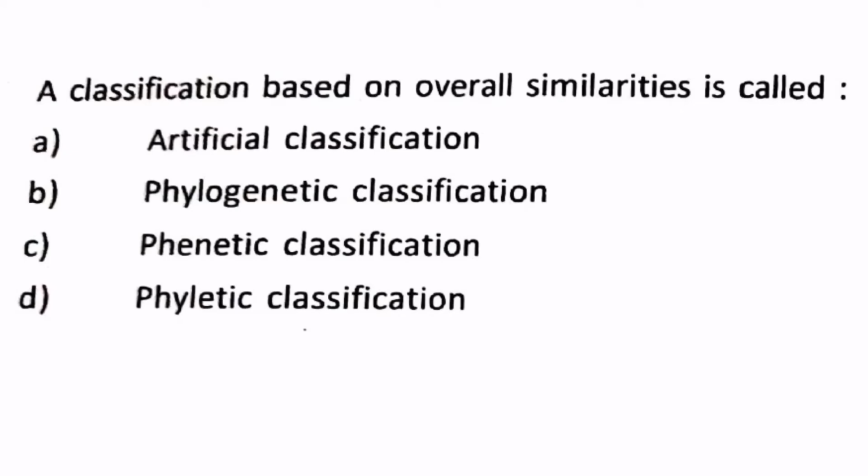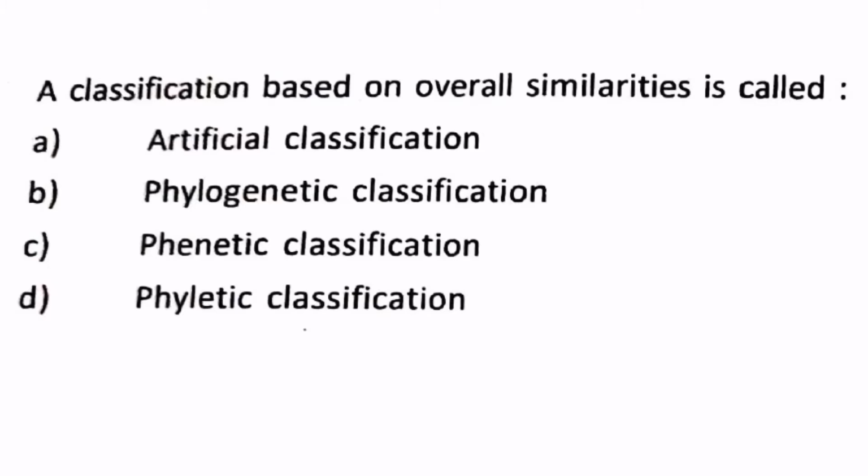Next question. A classification based on overall similarities is called. Well, classification is characterizing the group of organisms on the basis of a certain category. So here artificial classification will be based on different characters, which will include morphological, anatomical, genetical, many things.